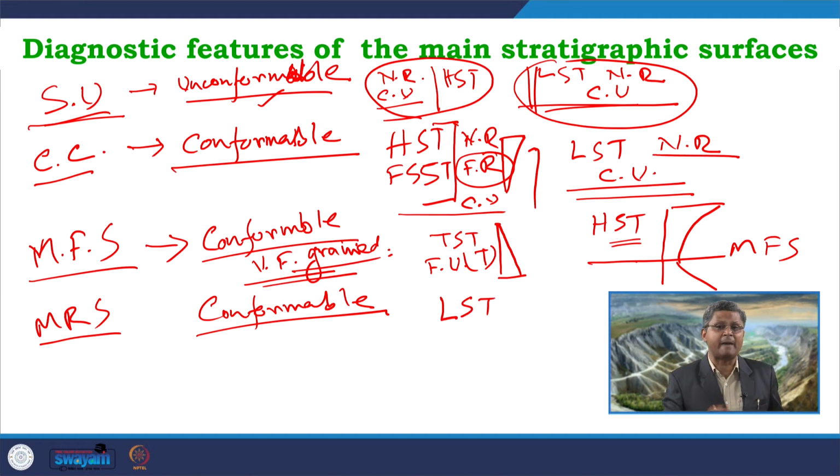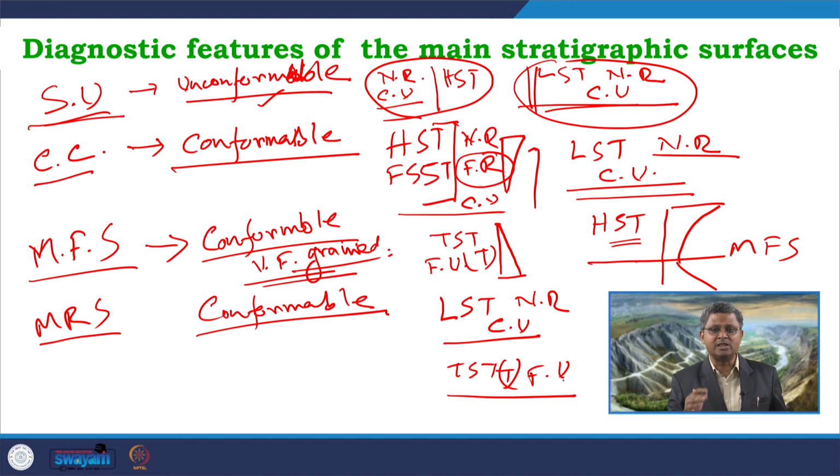We get the LST package. So, low stand systems tract, this is a normal regression again. So, it will be a coarsening upward trend, whereas the overlying unit is a transgressive unit, TST. So, it will be a fining upward, a transgressive unit. So, in this case a coarsening upward depositional trend will be overlain by a fining upward depositional trend. So, we get a changeover.